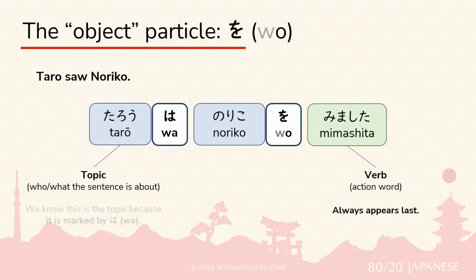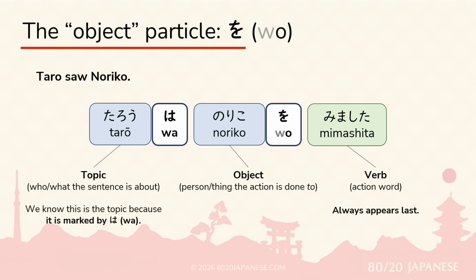We know that Taro is the topic because wa comes immediately after it. That tells us that Taro is the topic, and the topic is the thing that the sentence is talking about. So it tells us that this sentence is about Taro. The wa tells us that information. Then we have Noriko o. Noriko is the object marked by the particle o.